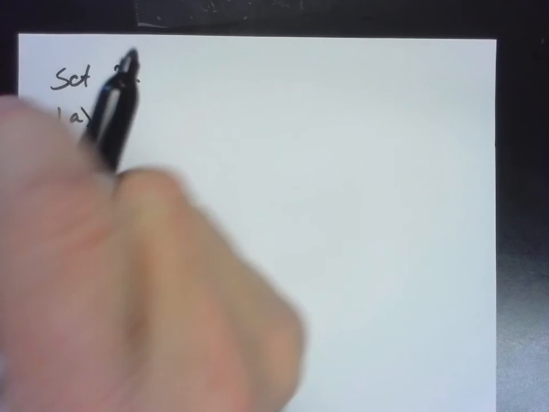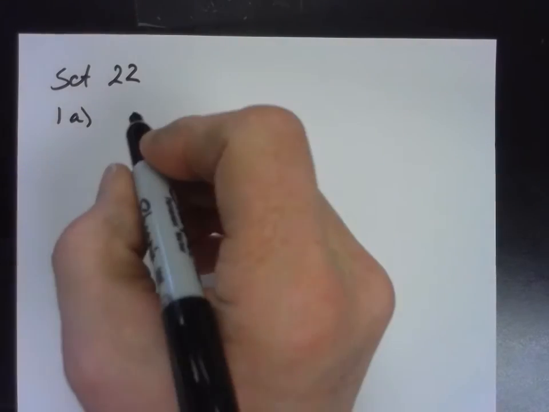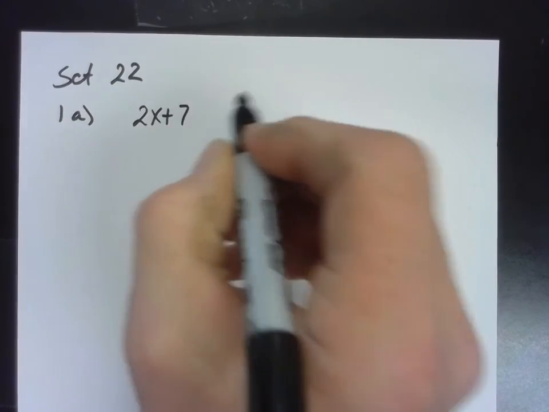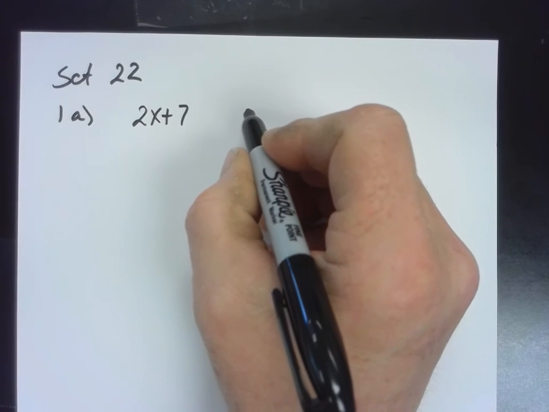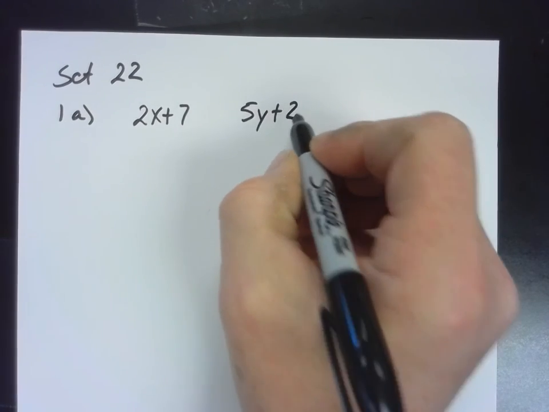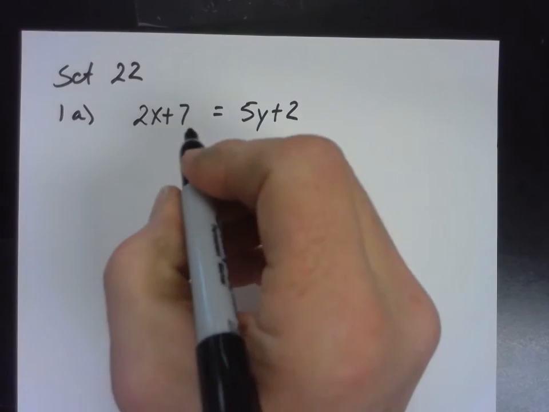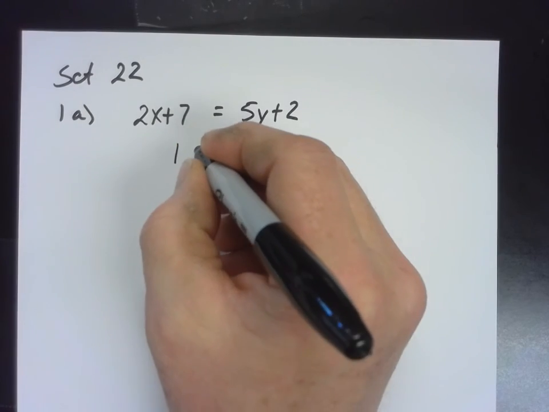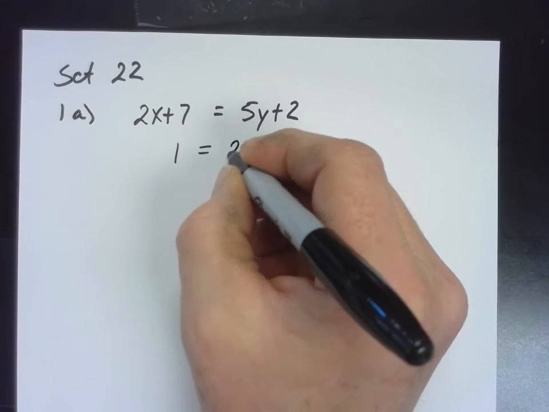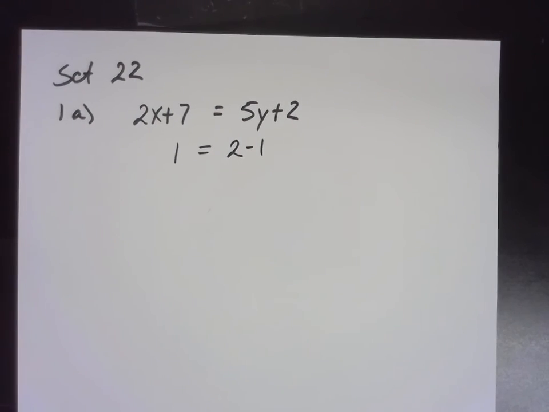Two expressions with an equal sign between them. That's what an equation is. Some expression, 2x plus 7. Some other expression, 5y plus 2, equal sign between. That's what makes an equation. Don't write an example for me. Write out the words. Two expressions with an equal sign between them. It can even be super simple. Here's an expression. Here's another expression. There you go.